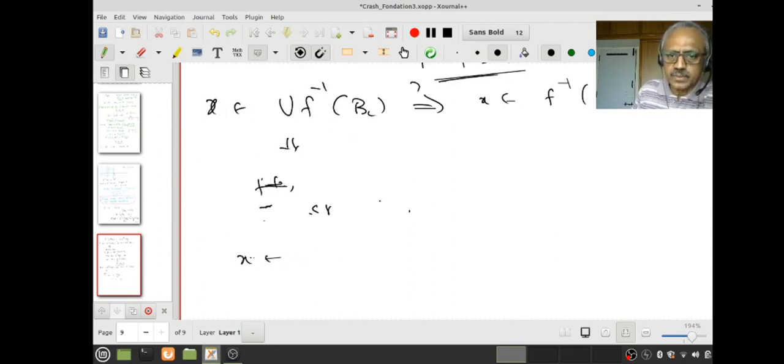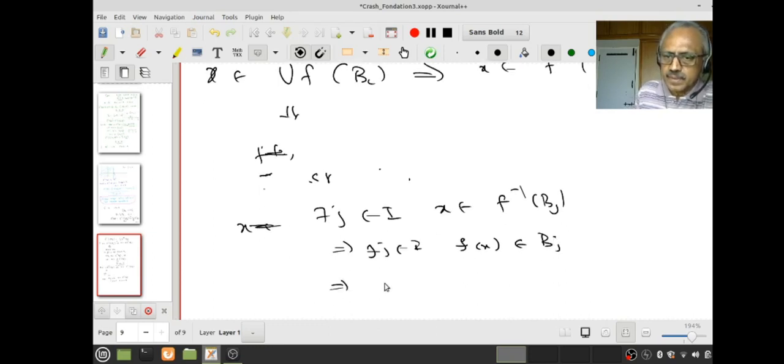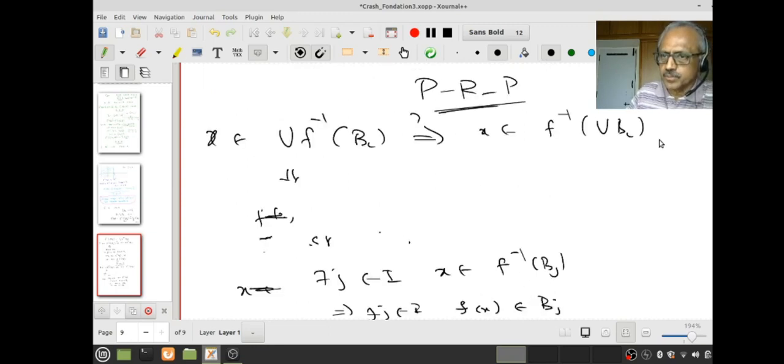This means there is a j in I so that x belongs to f inverse of Bj. That means f(x) belongs to Bj. This means f(x) belongs to union Bi, because Bj is an element. This means x belongs to f inverse of union Bi. That's what we wanted to prove.